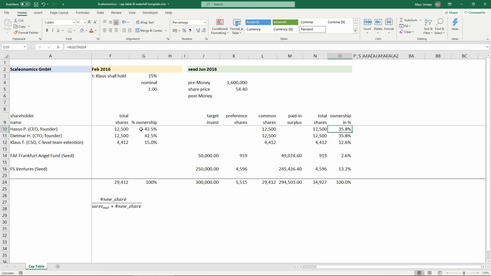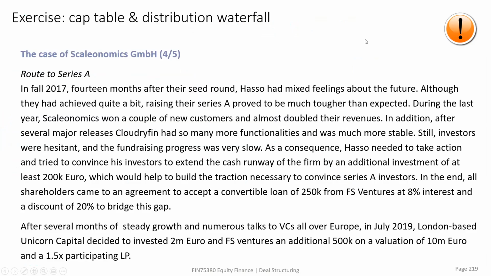Before this financing round, Hasso held 42.5% of the company. After the funding round, Hasso holds 35.8% of Scalenomics. And overall, the new shareholders in total hold 15.8% of Scalenomics for an investment of 300,000 euros, roughly. Let's look at the next chapter.